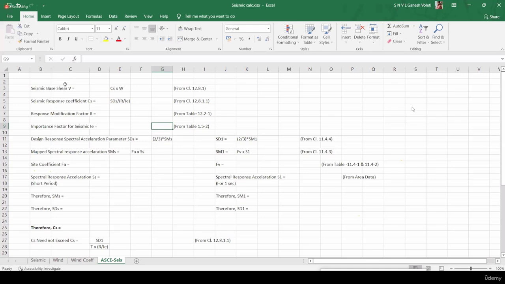This is going to take some more time. We have seen Indian code calculations. Now we have to see American code calculations, and then finally after these calculations, slowly we move to frame design and the other components design.